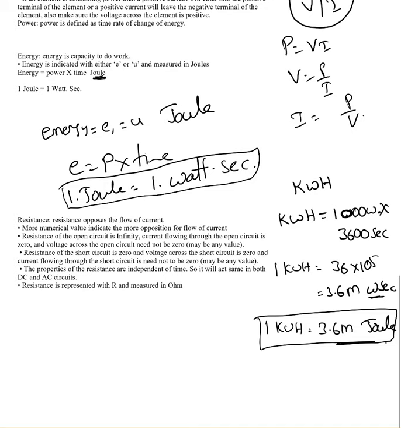The last quantity is resistance. Resistance is the opposition to the flow of current. It opposes the flow of current. That's the symbol for resistor.